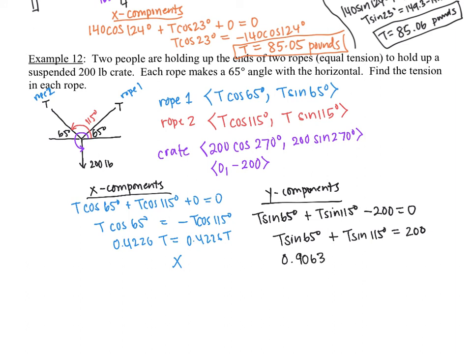And if you can add those up at the same time, you're welcome to do so. 0.63t plus 0.63t equals 200. Let's combine the like terms. 1.26t equals 200, and then if I divide both sides, I get the tension in the rope is 110.3, and the units on this should be pounds to match the crate.